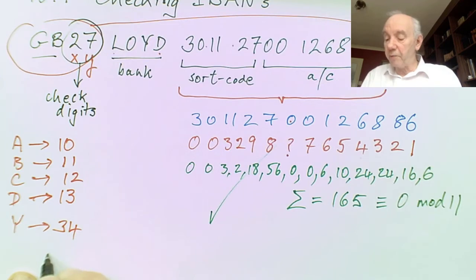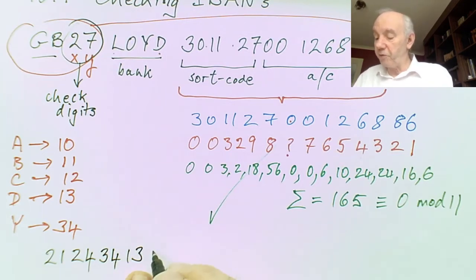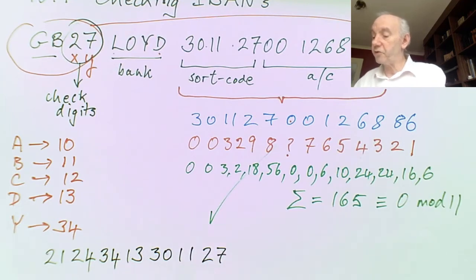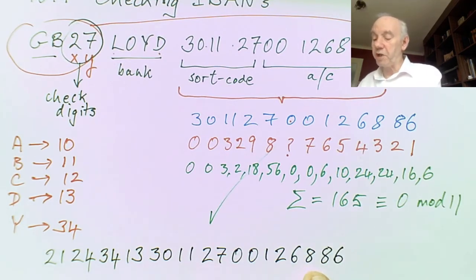So this L becomes 21, O becomes 24, Y, as I said, becomes 34, D on my little table is 13, and then the rest of it, as before, 30, 11, 27, that's the sort code, 0, 0, 1, 2, 6, 8, 8, 6. Then we've got GB. G is 16, B is 11.